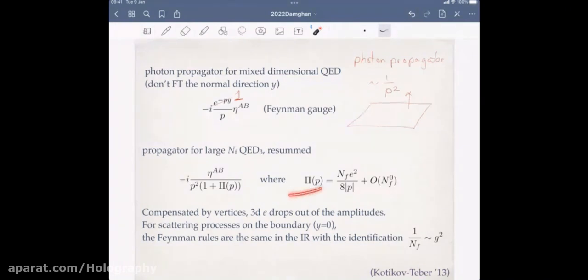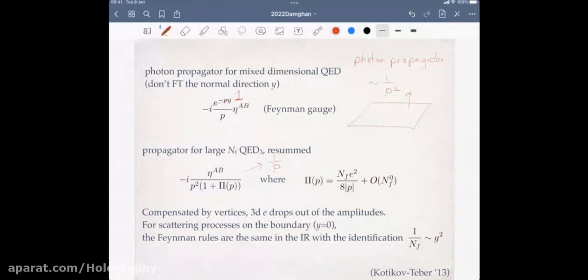And now clearly if I put this in here and I look at low energy processes, so the low energy fixed point theory for this 3D QED, I'll cancel out one of the p's with the thing in the propagator. The NF term here will make it dominate since NF is so large, and this propagator in the large NF theory will go over to 1 over p in the large NF and low energy limit. So it's the same propagator.